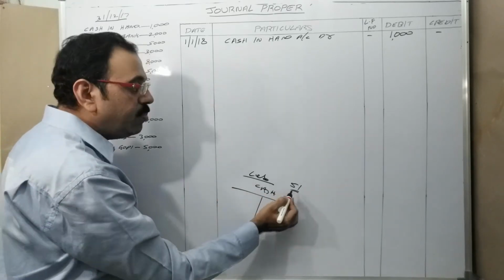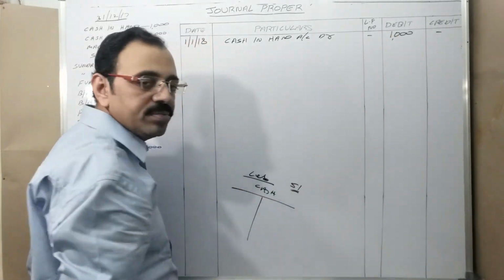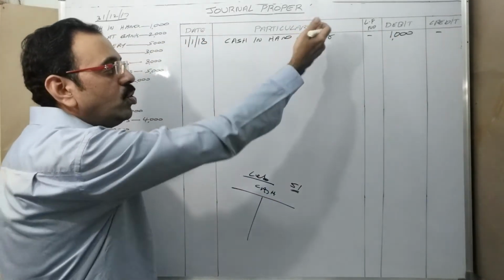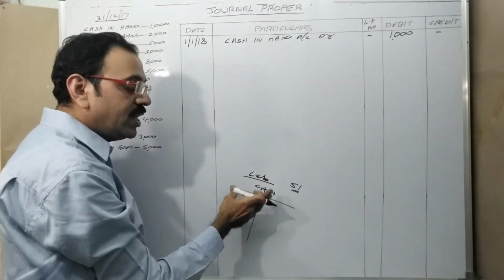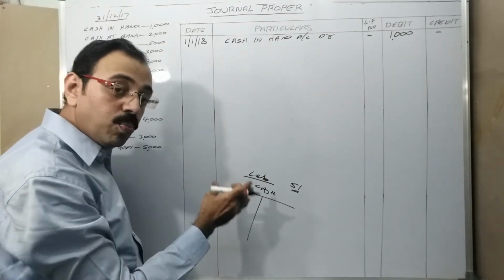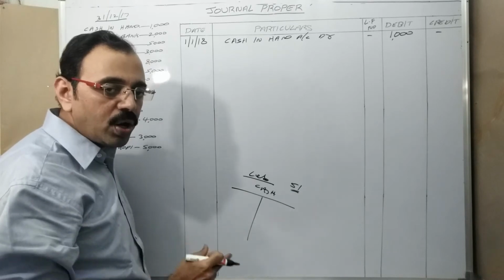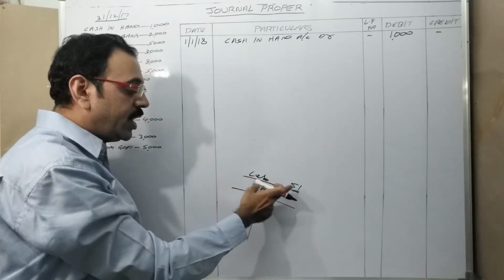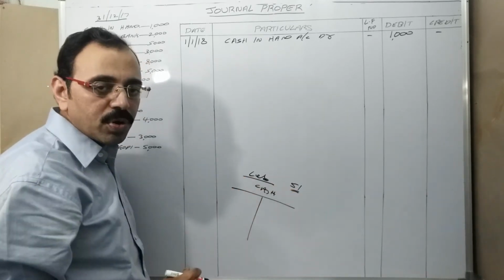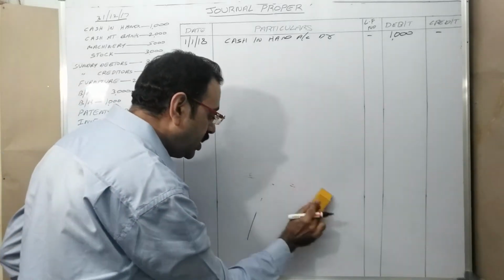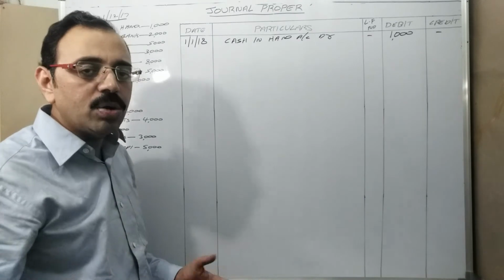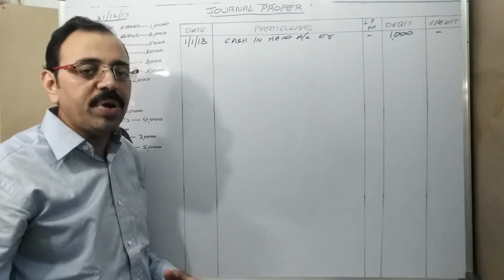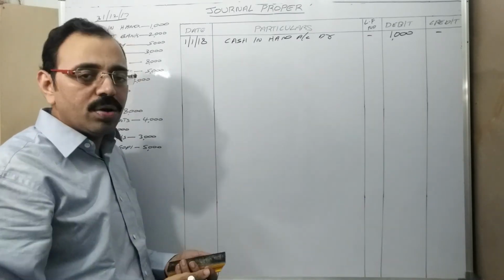Then that page number 51 we have to write here. So when we want to refer to this entry, how we posted in the cash account, whether we posted or not, you can open page 51 of the ledger book directly. That is the use of the ledger folio. Now you are a student, so there are no ledger books with you. You cannot write any page number, so leave that column.